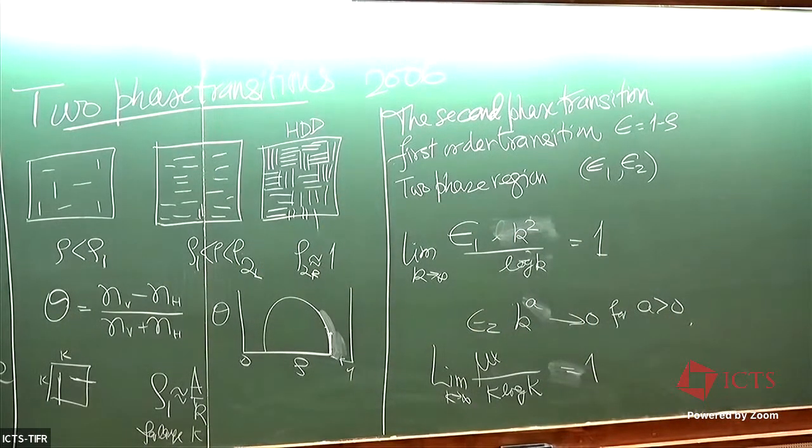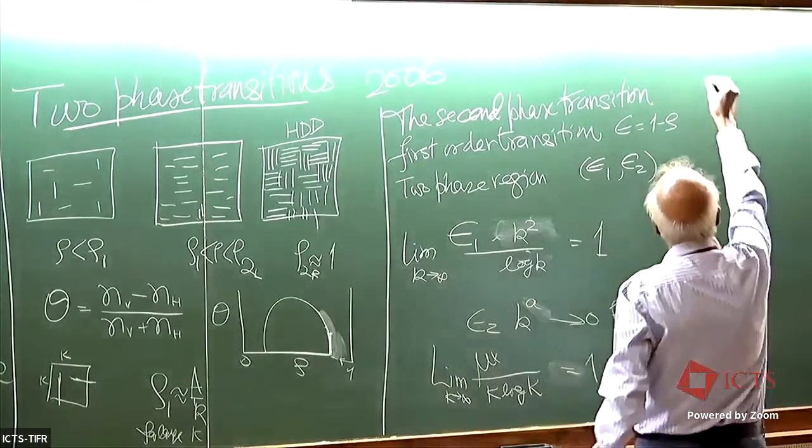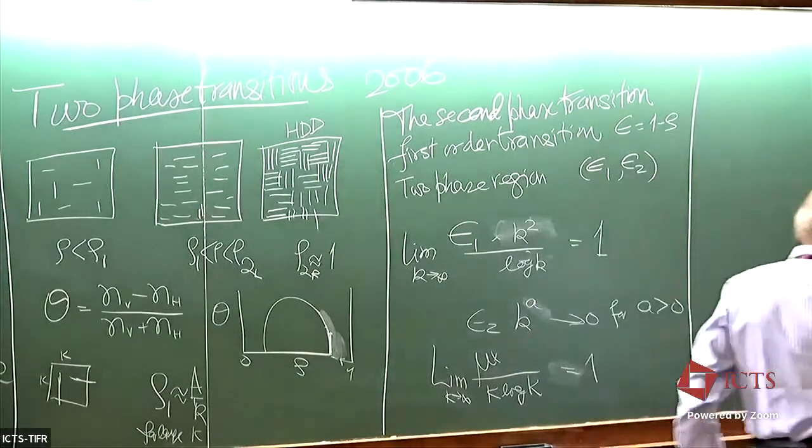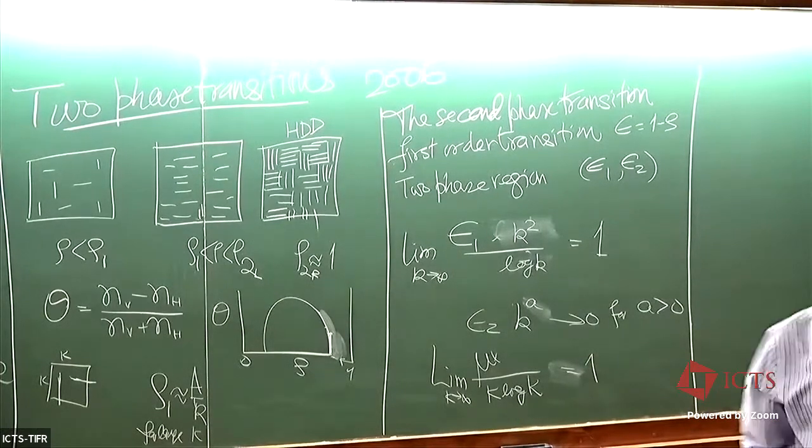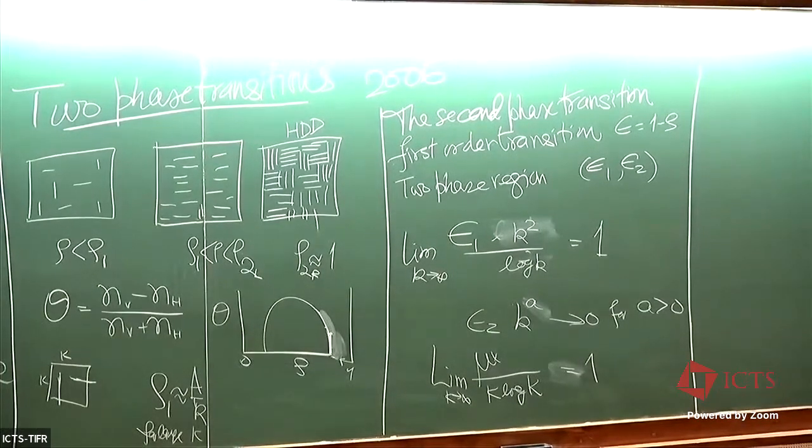There is a region in which there is a unique state, and there is a region where there is phase coexistence. Okay, very good. So now I want to establish these results. There is a region with density of holes equal to epsilon 1 and density of holes equal to epsilon 2.